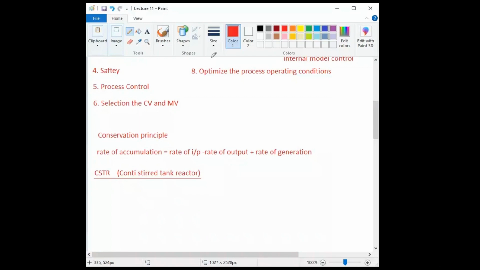So first we will draw this CSTR. Obviously there will be a tank because this is a tank reactor.